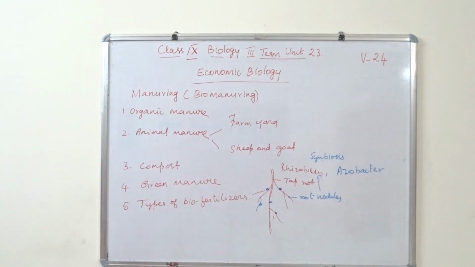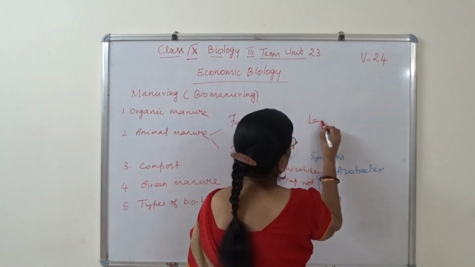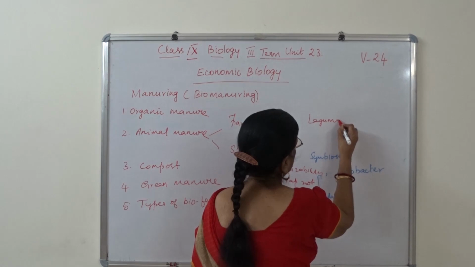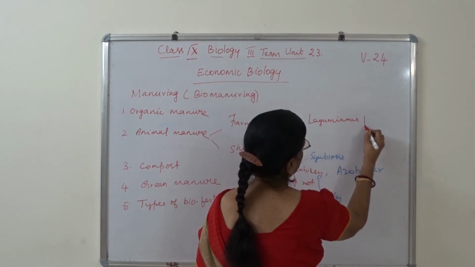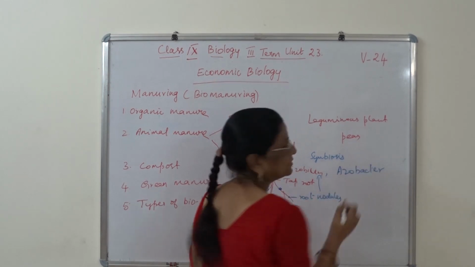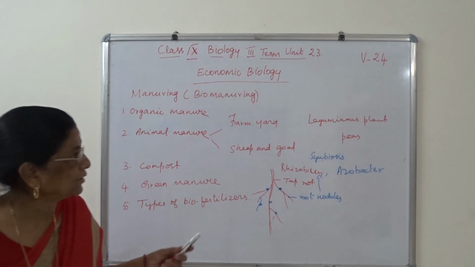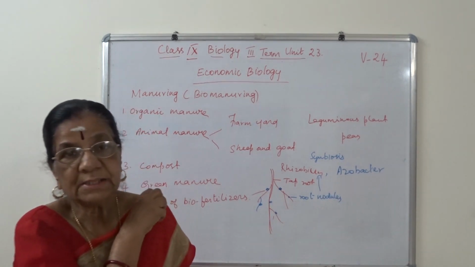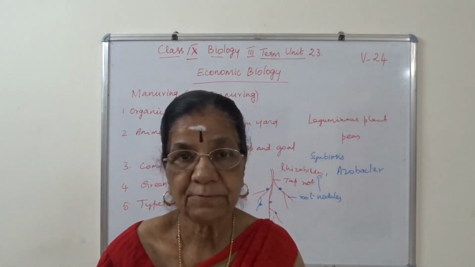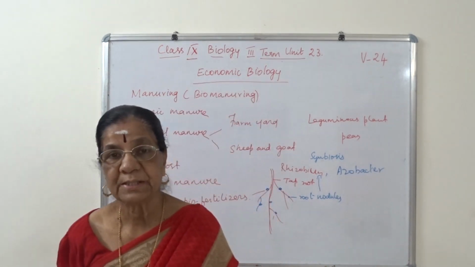I hope you recollect the spelling, leguminous plant, the pea variety. These leguminous plants cannot take nitrogen directly from the atmosphere for nitrogen metabolism.